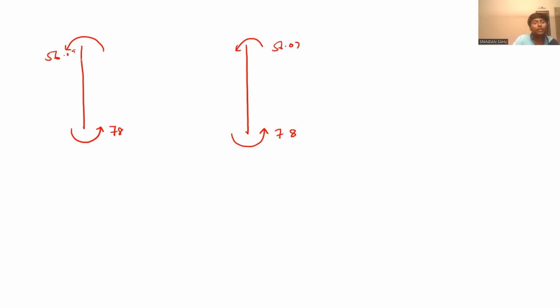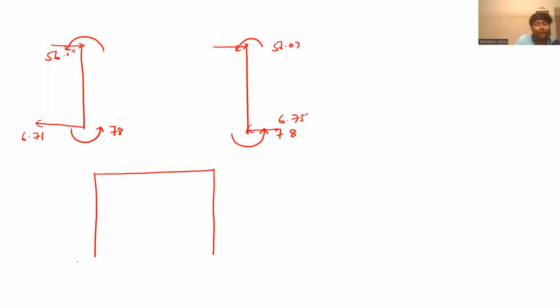So there will be a force like this, 6.71. Similarly, when you calculate, this will also be 6.71. So in this member, 6.71 is acting in this direction, and 6.71 is again acting like this.